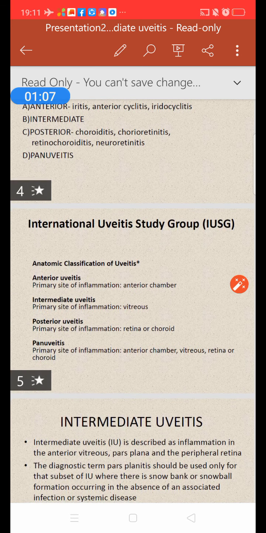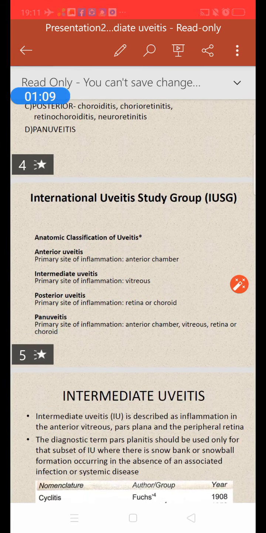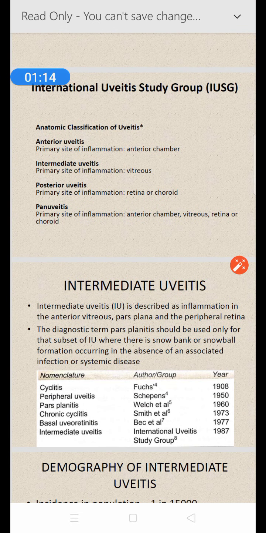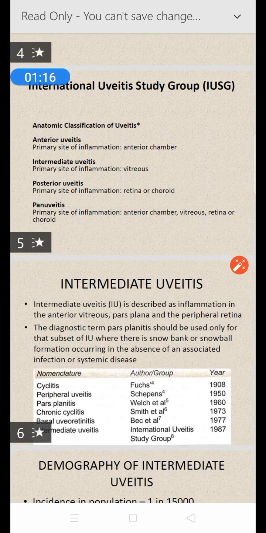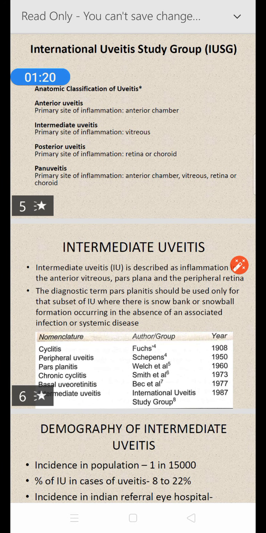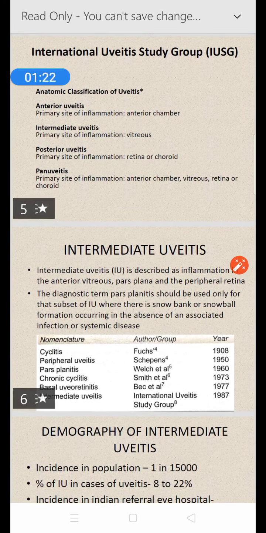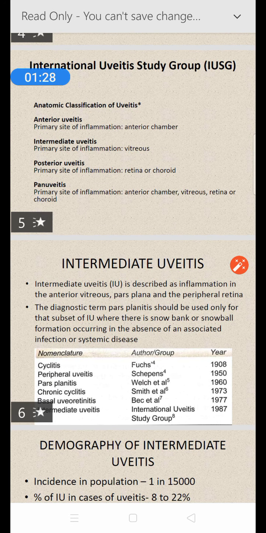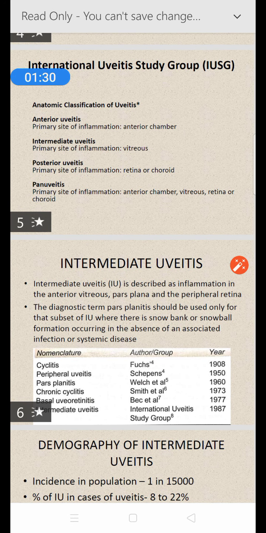In intermediate uveitis, it is the vitreous. In posterior uveitis, it is the retina. And panuveitis, as the name itself says, pan means all the structures we come across. Intermediate uveitis is described as inflammation in the anterior vitreous, pars plana, and peripheral retina.